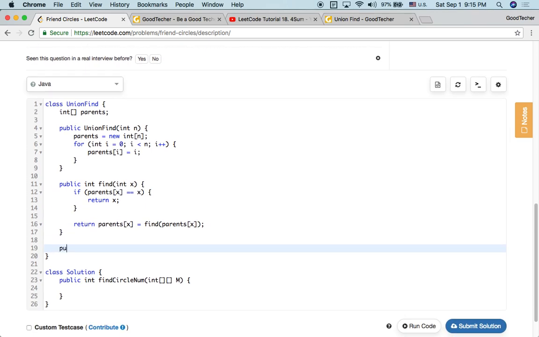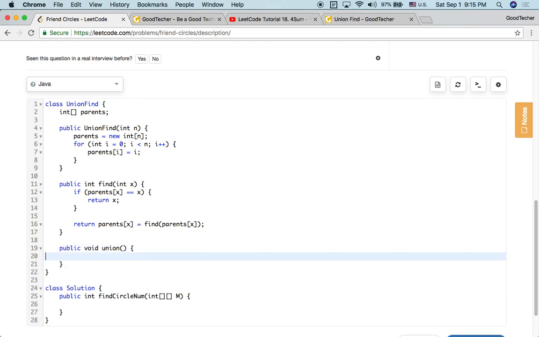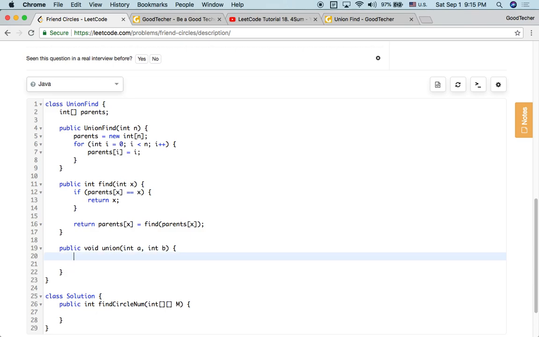The next basic operation is union. Union is to merge two elements into the same group. So we can have two numbers, a and b, and use the find operation to find which group a and b belong to.